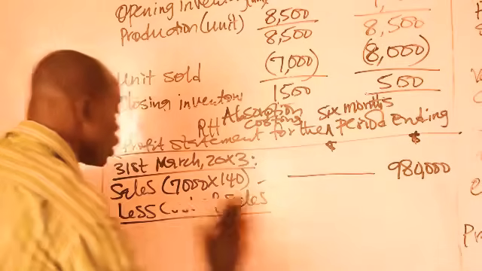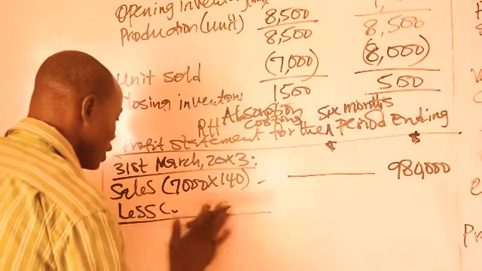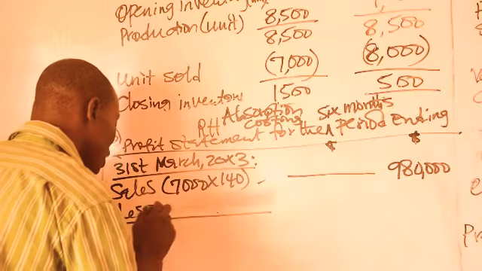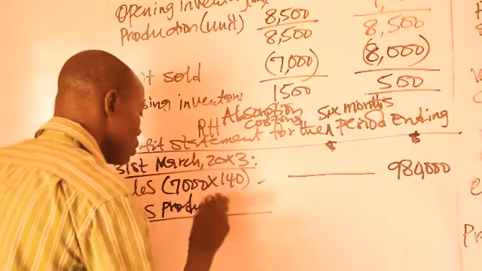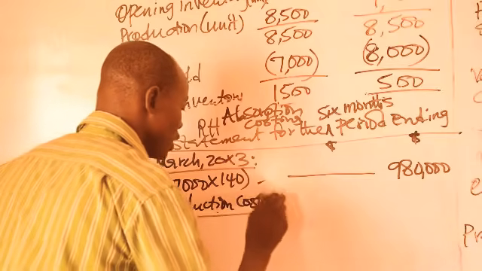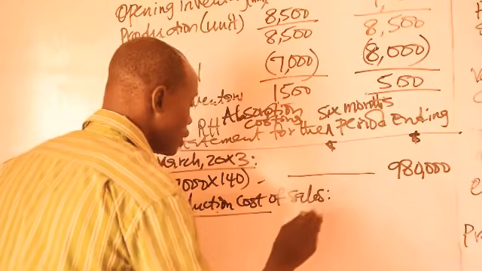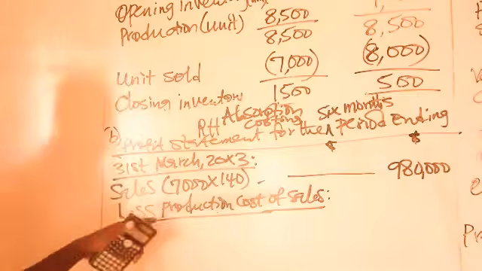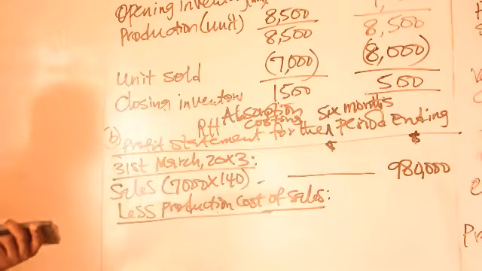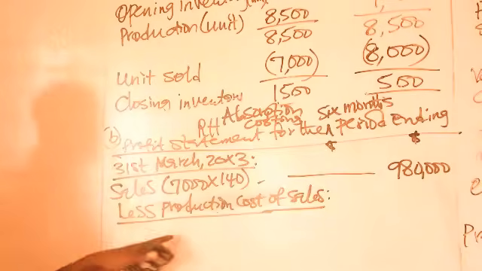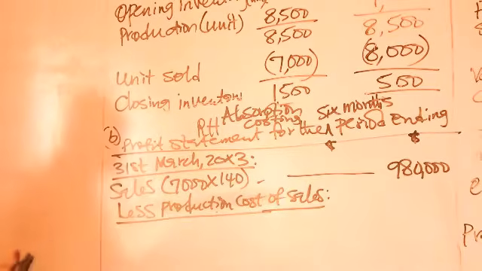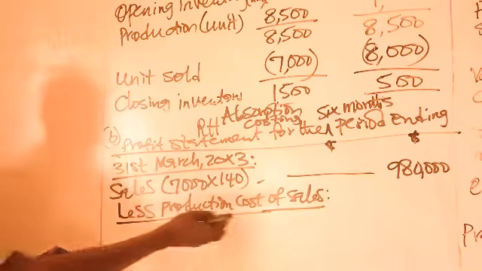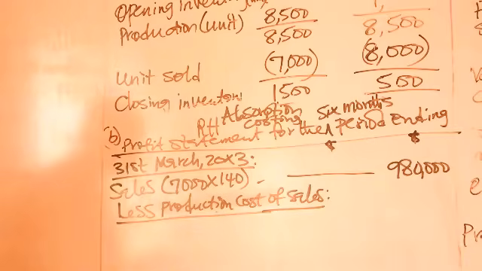Let me put production cost of sales. By production cost of sales, it means those costs that should be considered this time around are those that relate to production. Any cost that doesn't relate to production should not be considered.